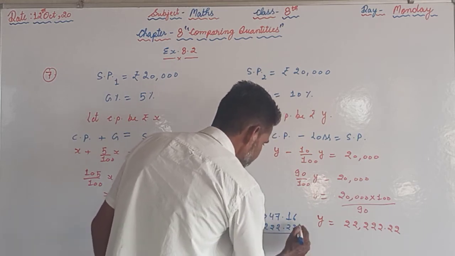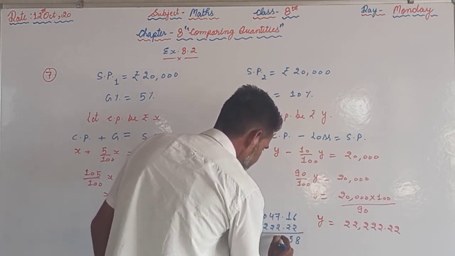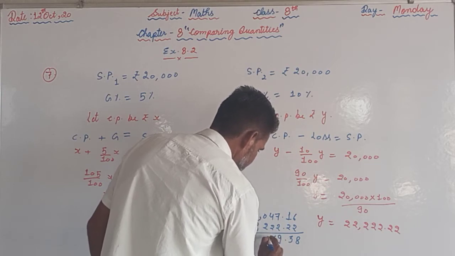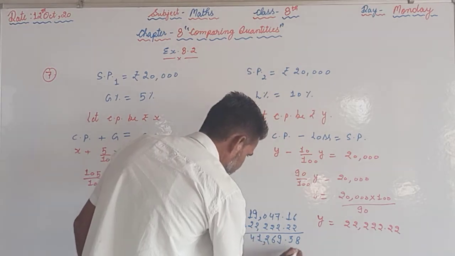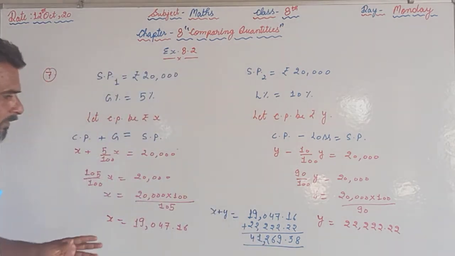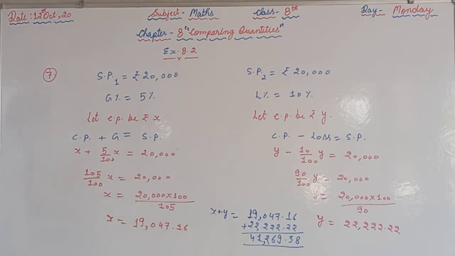We will add that. So that is 41,269 rupees 38 paise. That is the CP.